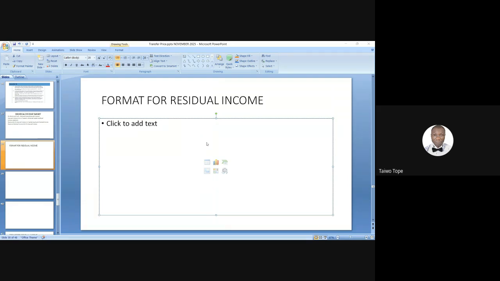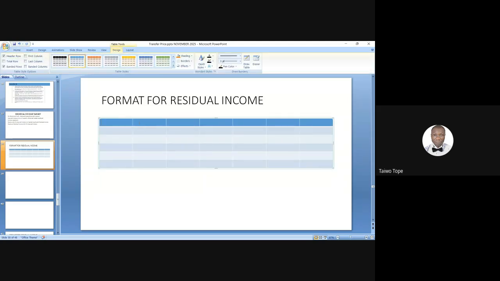So once you start with a question and you see residual income target, you quickly bring forth this format because the various variables will be in the question. You will see it. It should not be hidden. So the first thing we have in our format will be budgets, stroke targets, because we're trying to get revenue.